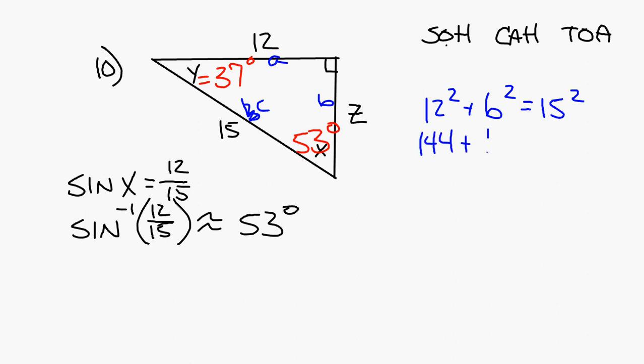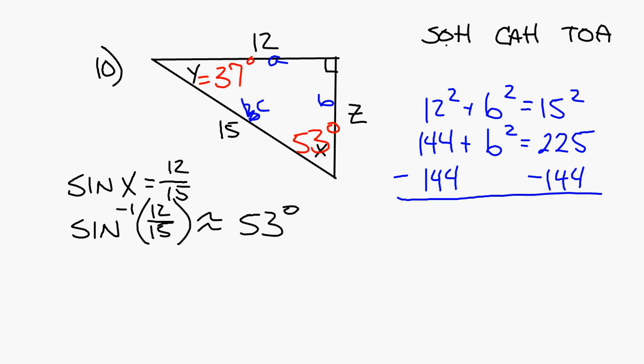Subtract 144. B squared is going to equal 81, and the square root of both sides, your b is going to be equal to 9. So this side of your triangle is 9.